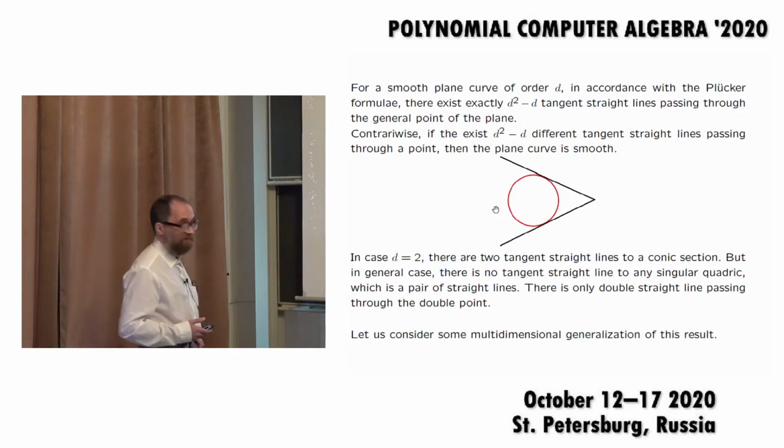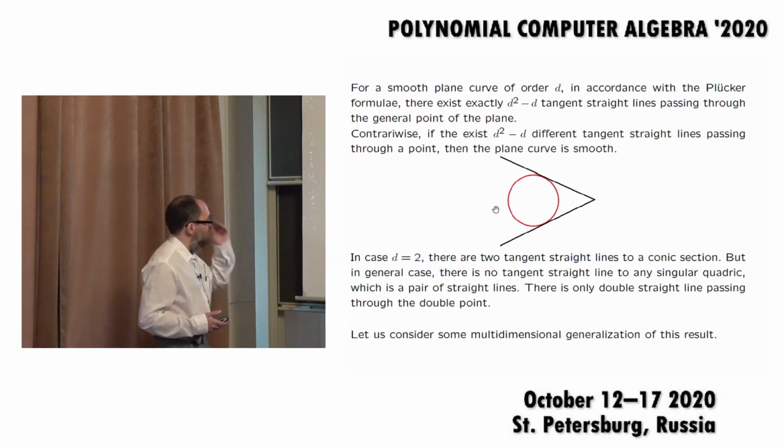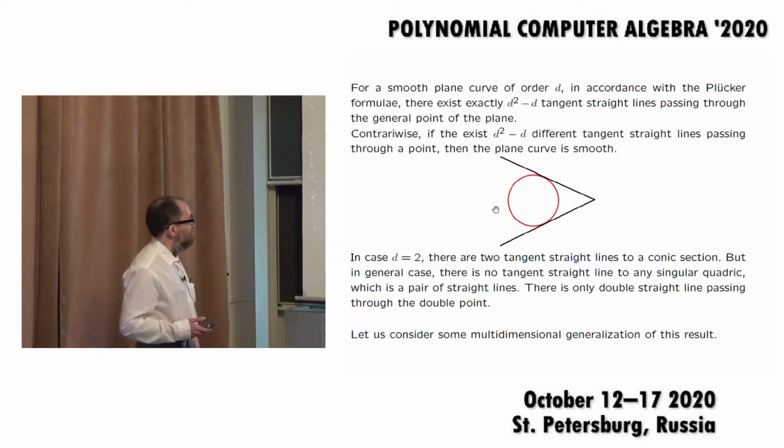For d equals 3, there are 6 tangent lines passing through a point. And contrariwise, if there exists the maximal number of tangent straight lines passing through a point, then the plane curve is smooth.